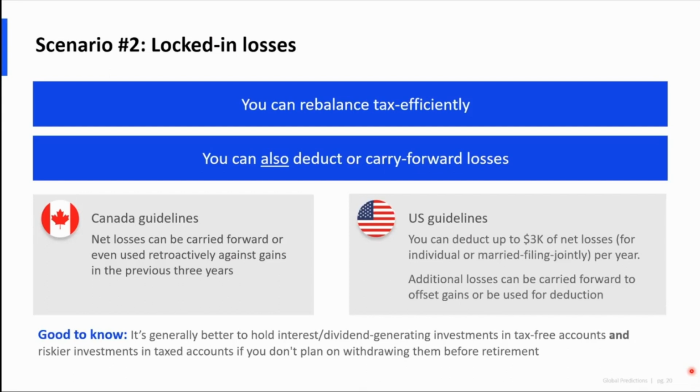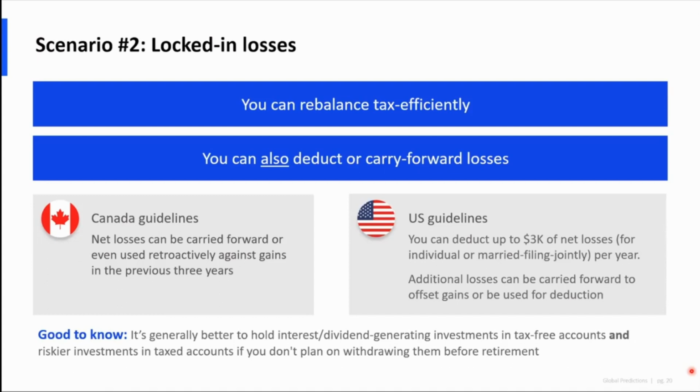And you can retroactively use them to offset your previous 3 years of gains, up to however many losses you've locked in. Again, I am not an expert on actually doing the filings, so I don't know which box you check to do that in Canada. But that is something you want to consider from your investment portfolio and your strategy: these are actually quite good to have in my situation, because I can use them retroactively against the capital gains that I paid before.